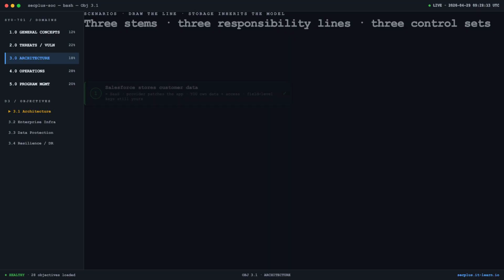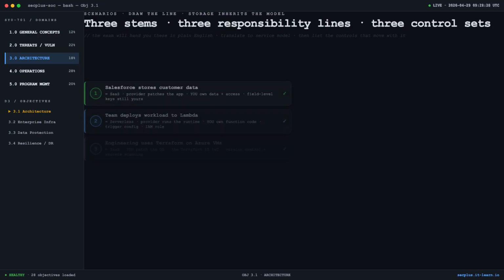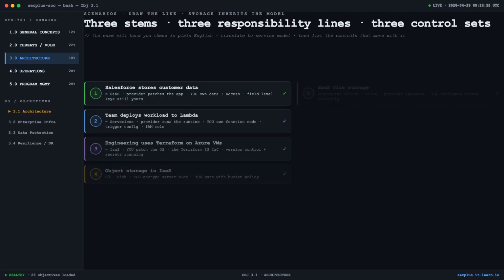Scenario 2, quote, the team deploys their workload to AWS Lambda, end quote. Service model is serverless FaaS. The provider runs the runtime. Your responsibilities are the function code, the trigger configuration, and the IAM role attached to the function.